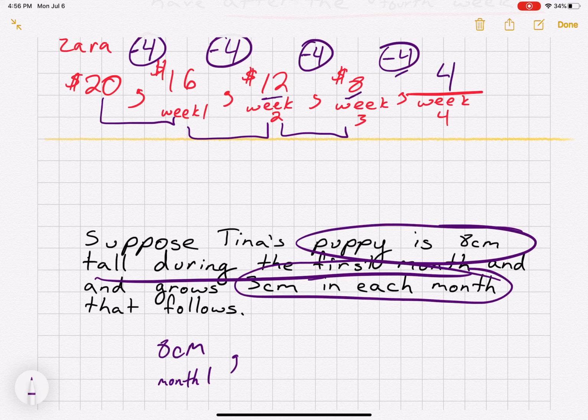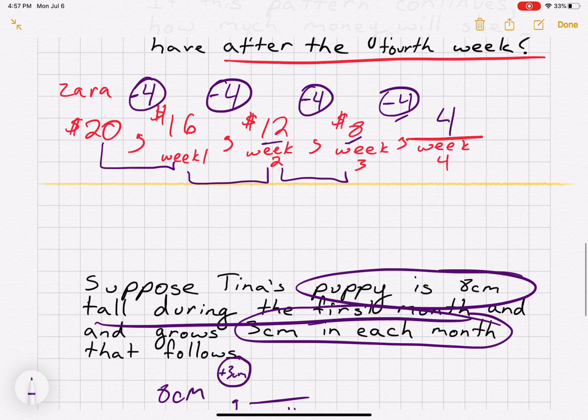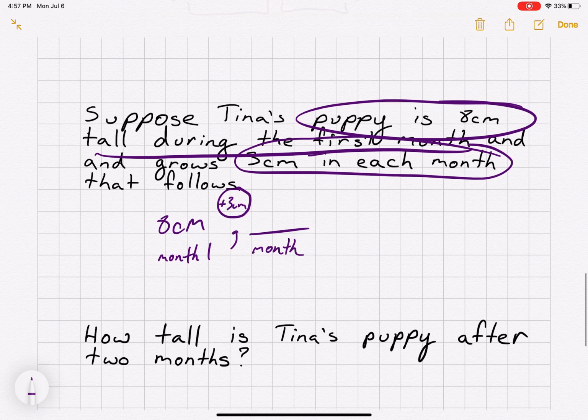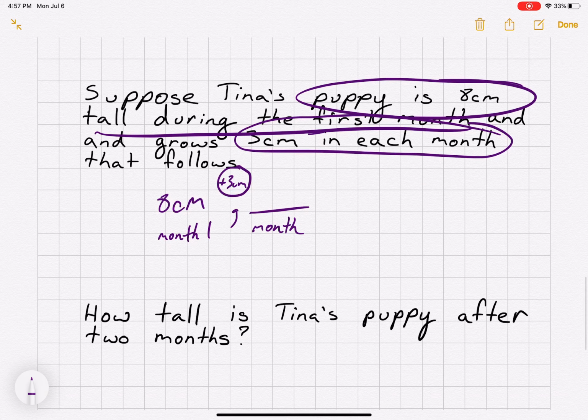So I know that the difference is going to be 3 centimeters. And because the puppy is growing, we know that it's going to be addition, because the sequence needs to get bigger. The puppy's not going to grow smaller. It's going to grow bigger. Okay, and so after the second month, I'm setting it up very similar to what we did up top here. 8 plus 3, 8, 9, 10, 11 centimeters.